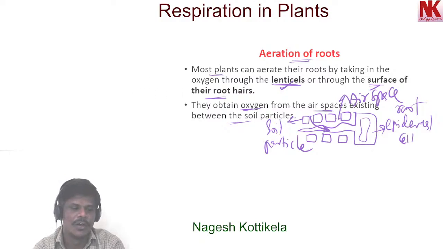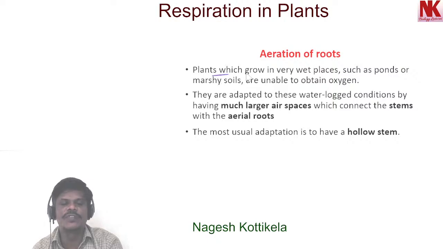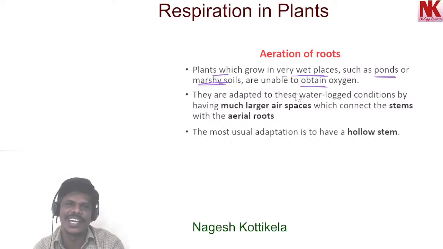Okay, now moving to the next. Plants which grow in very wet places, such as ponds or marshy soils, are unable to obtain oxygen easily. In that water, in that marshy land or in the ponds, oxygen levels are very low.